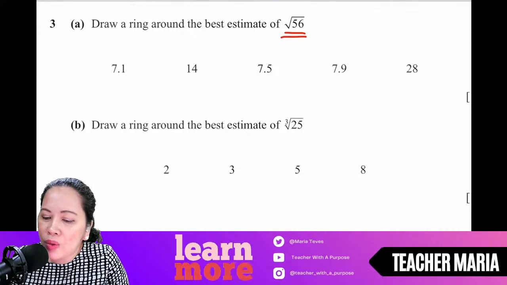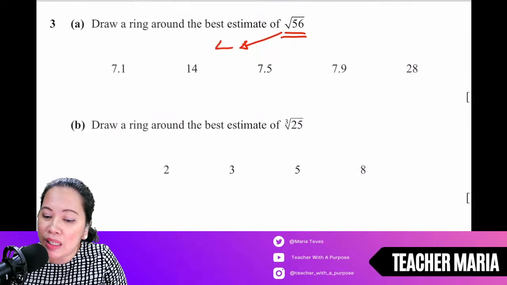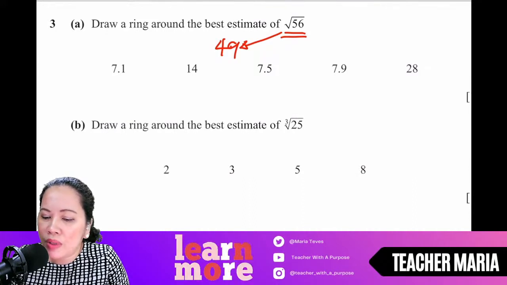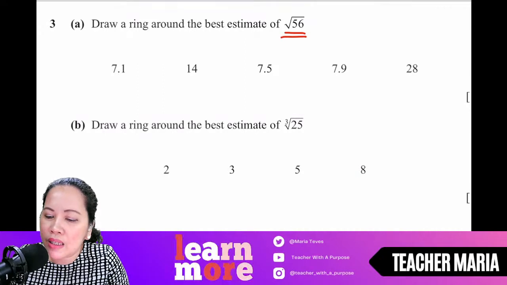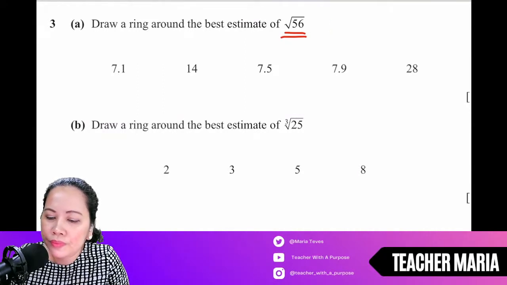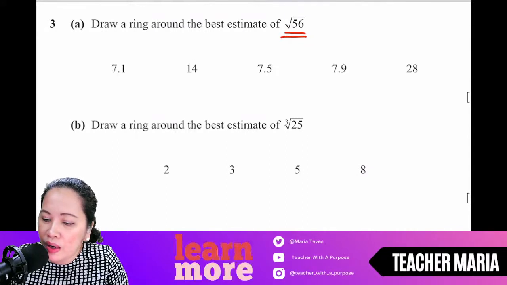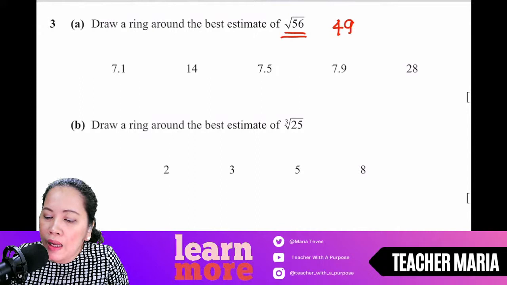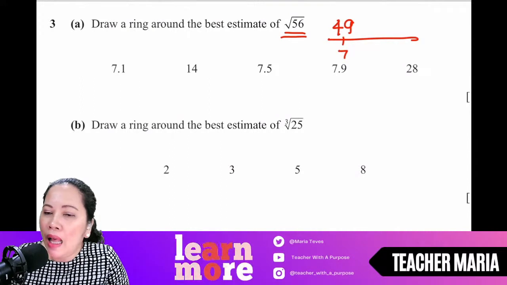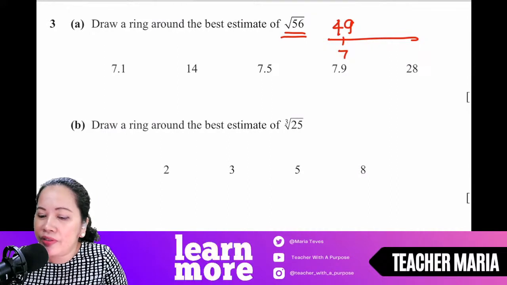So the perfect square before 56 is 49, right? 49 is a perfect square. Let me just write it here so that it's easier to look. The number before 56 that is a perfect square is 49. And 49 is a 7.